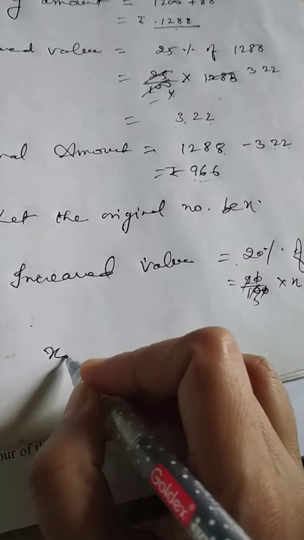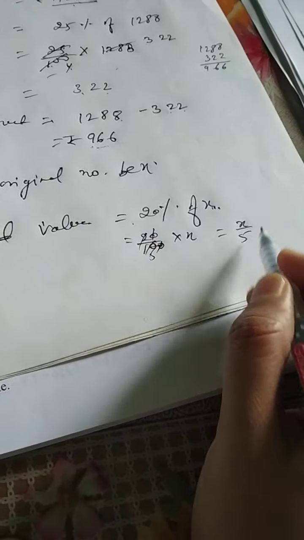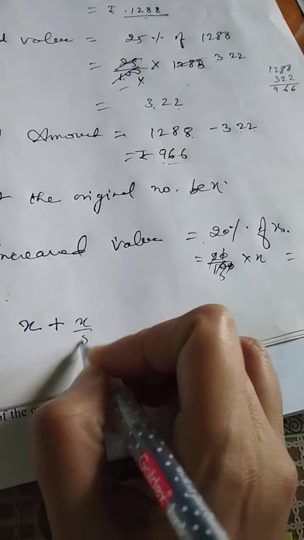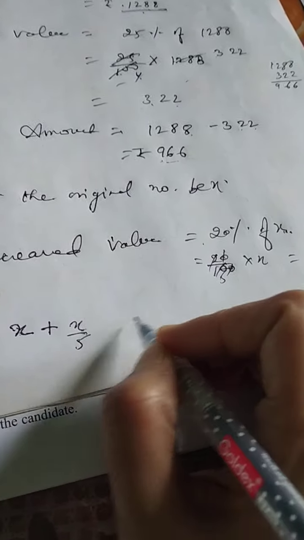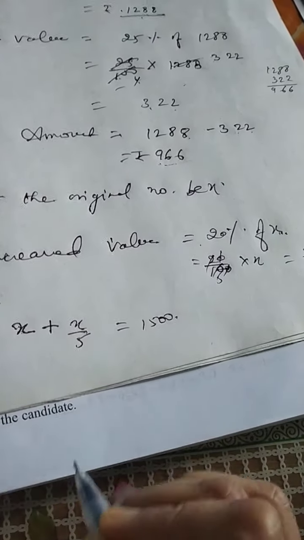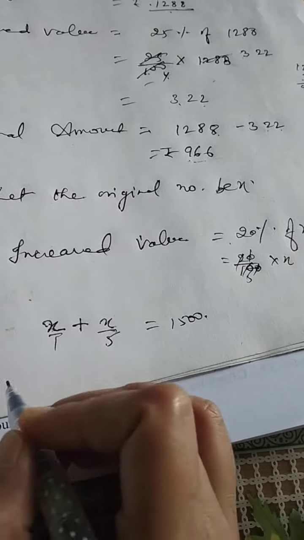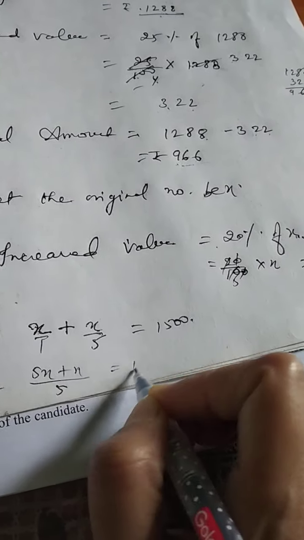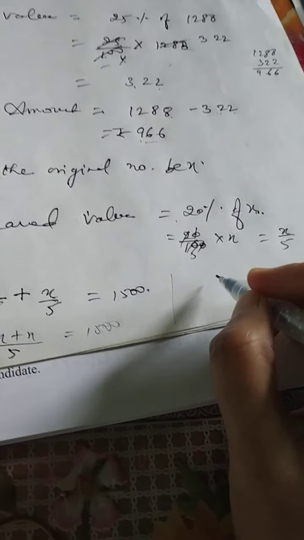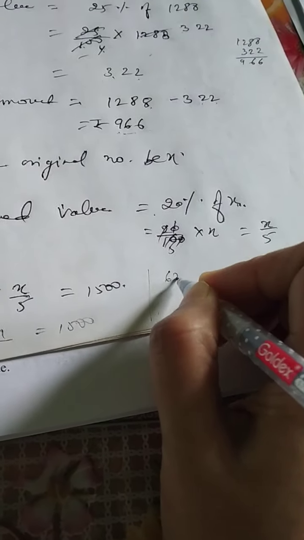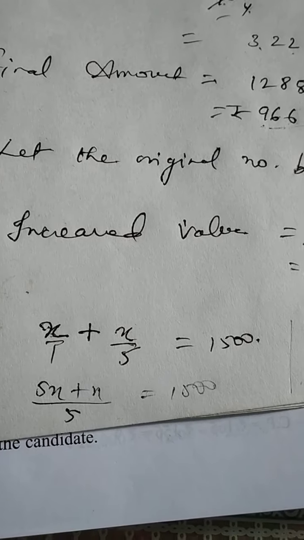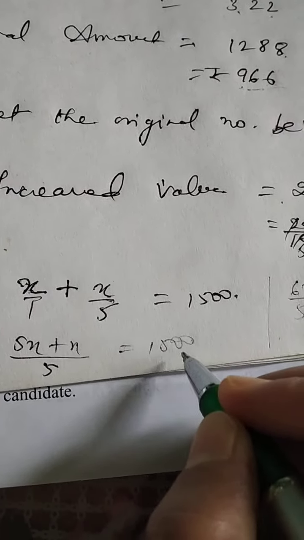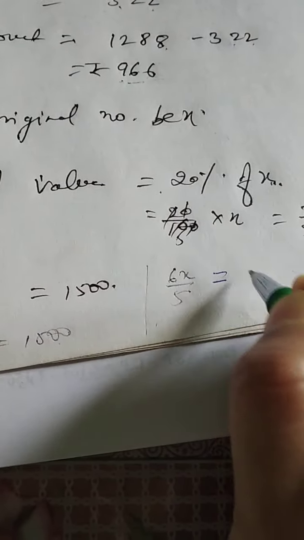Means this was the original value and it is the increased value, x by 5. When both will be added, it is equal to 1500. So you have to find the value of x. So we will take the LCM, students. 5x plus x is equal to 1500. So 5x plus x will be equal to 6x by 5. That is 1500. 6x by 5 is equal to 1500.